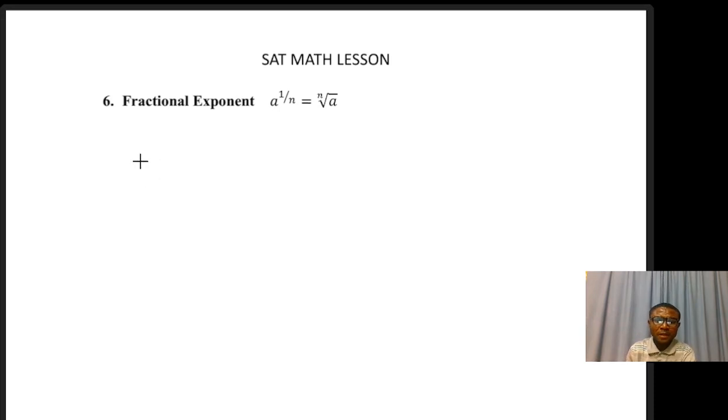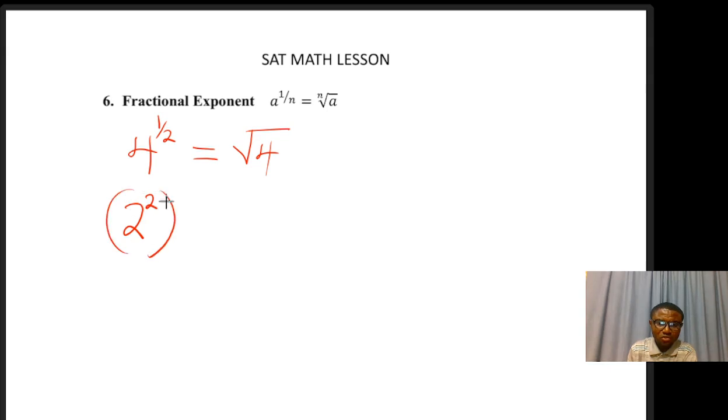Now imagine you have 4 to the power of 1 over 2. Okay, now we know that 4 to the power of 1 over 2 is the same thing as the square root of 4. This 4 can be expressed as 2 to the power of 2, right, raised to the power of 1 over 2.